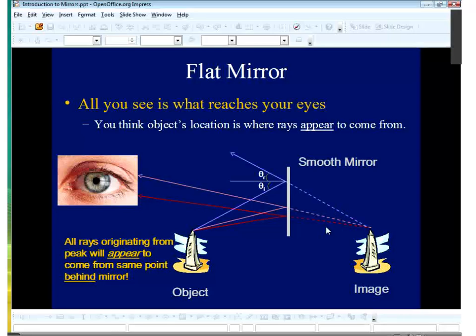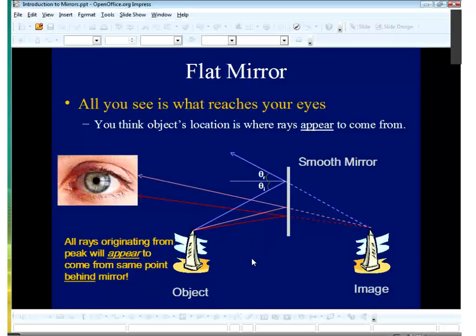All rays will appear to come from the same point, all rays. Whether you take this or this, anything else you choose to take. Now, an object has too many particles in it. Practically, it would be very time consuming to take all of them. So normally we take one or 2 points and do this type of construction.